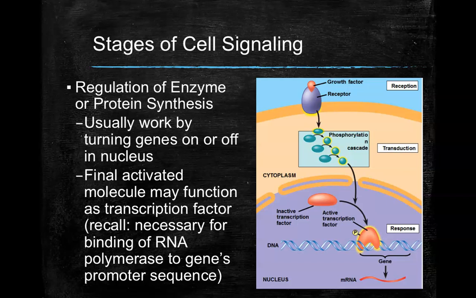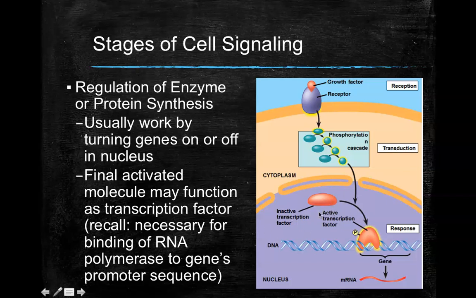Here's one where I'm regulating the actual production of an enzyme or protein synthesis. So again, here's something like a growth factor. So remember, those are utilized as a way to signal cell division. Okay, and that growth factor is going to come in, it's going to hit a receptor, also going to go through a phosphorylation cascade, so kinases being phosphorylated down a cascade, and that's going to end up in my nucleus taking an inactive transcription factor and activating it.